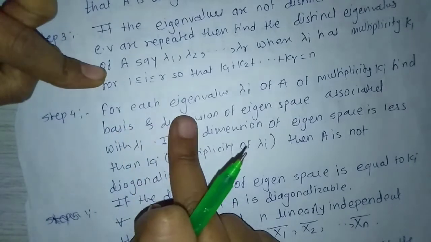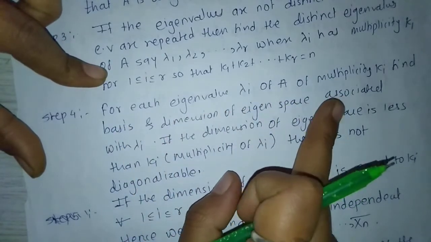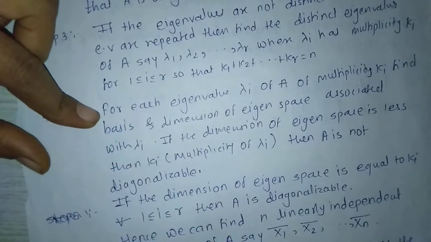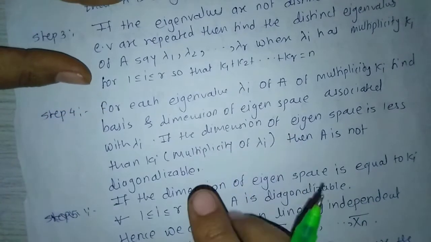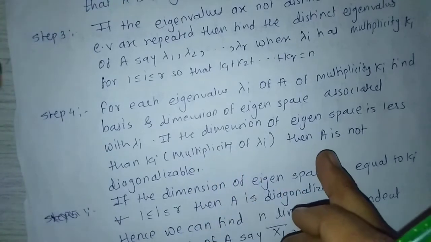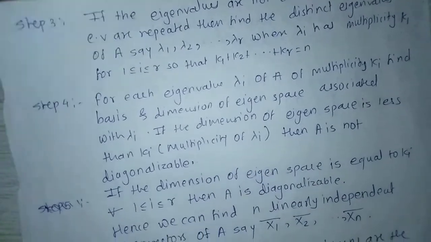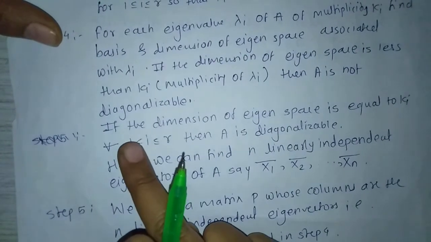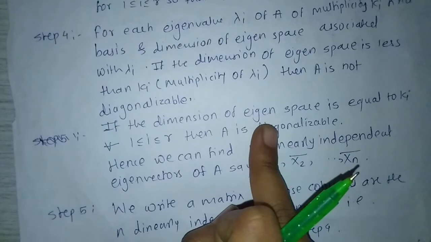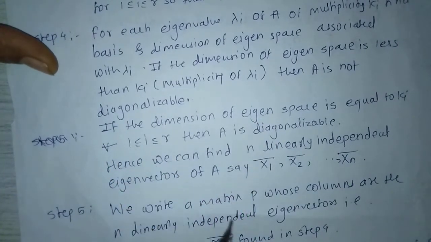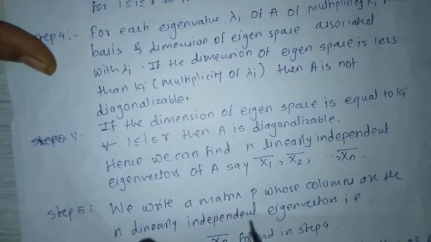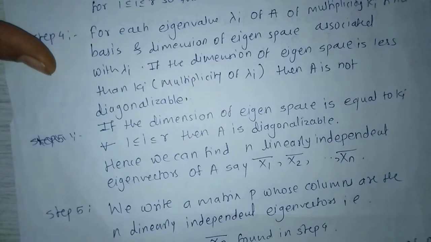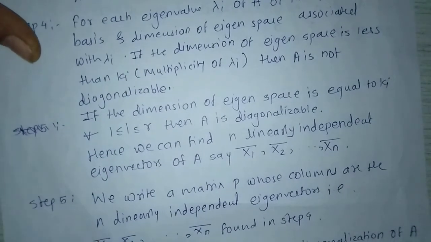In step 4, for each eigenvalue lambda i of A of multiplicity ki, find a basis and dimension of the eigenspace associated with lambda i. If the dimension of the eigenspace is less than ki, the multiplicity of lambda i, then A is not diagonalizable. If the dimension of the eigenspace is equal to ki for all 1 less than or equal to i less than or equal to r, then A is diagonalizable. Hence, we can find n linearly independent eigenvectors of A, say x1 bar, x2 bar and so on xn bar.